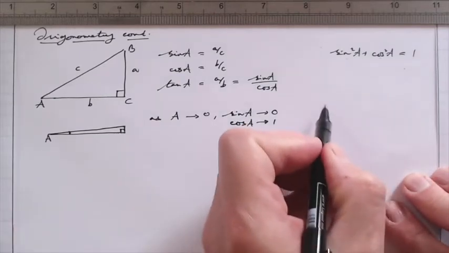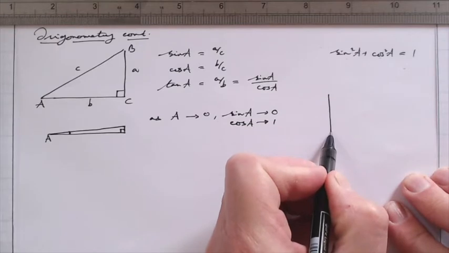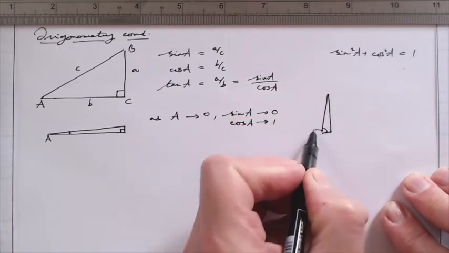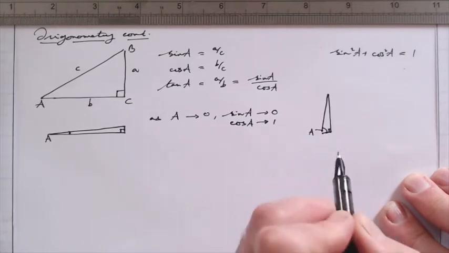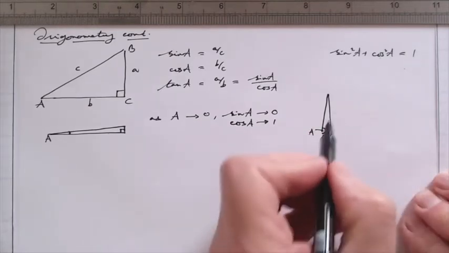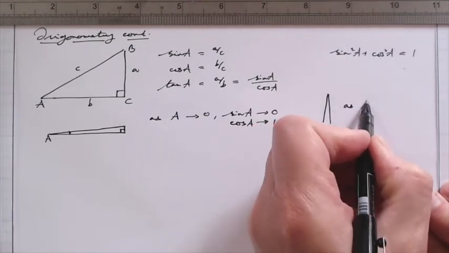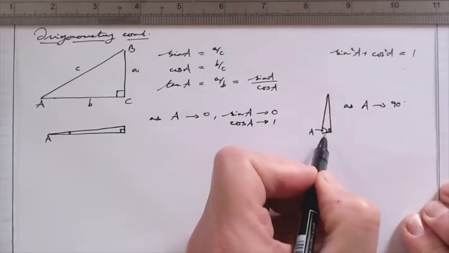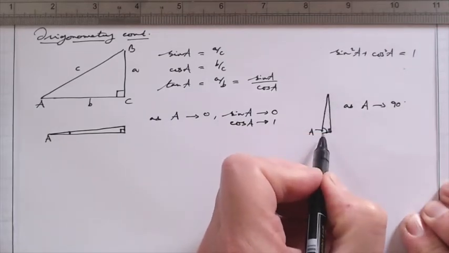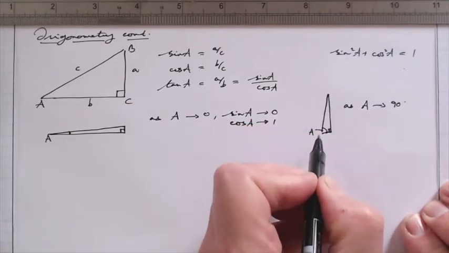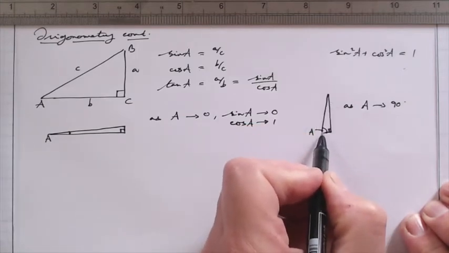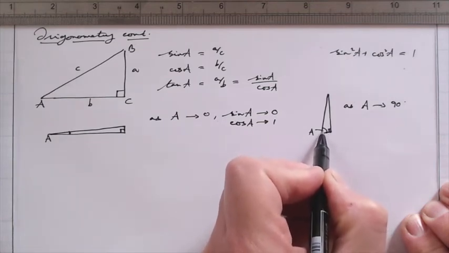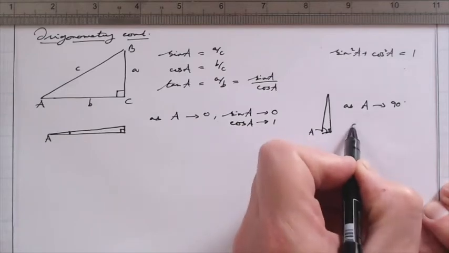Similarly, if I draw a very tall right angle triangle like this, and that's angle A now, this is the right angle. Do you see now that as the angle A approaches the biggest it can be, which is 90 degrees, at least in this right angle triangle, as that angle vanishes up there, then now it's the cosine which is going to shrink to 0, because this length is going to get smaller and smaller and smaller as A approaches 90 degrees.